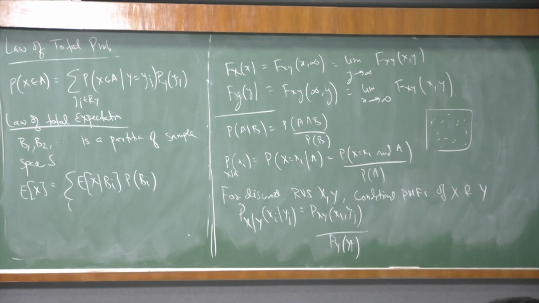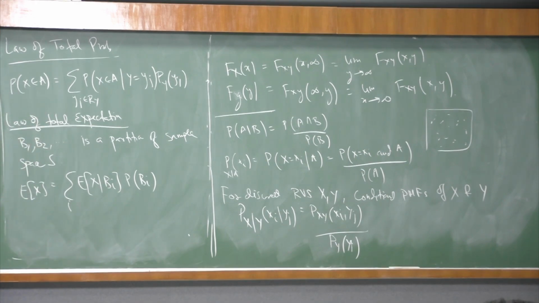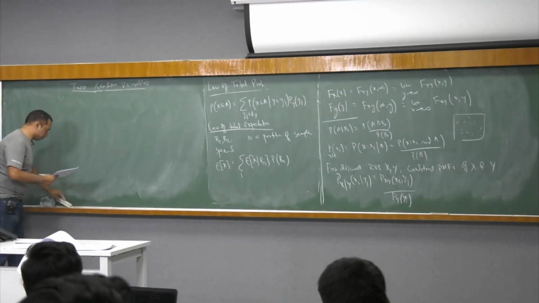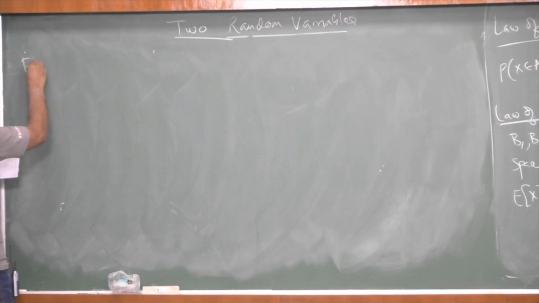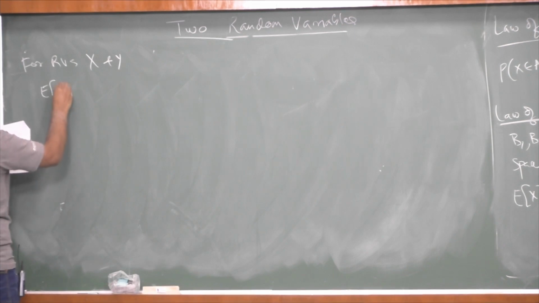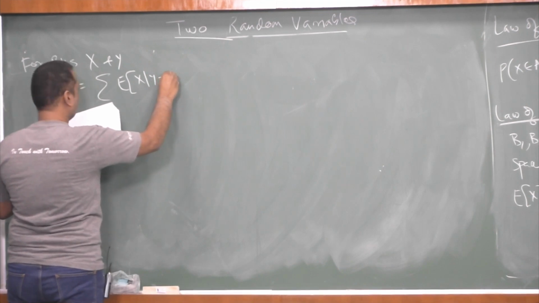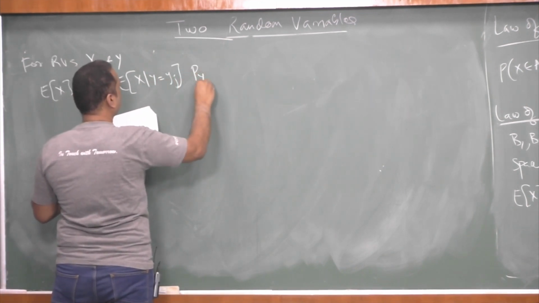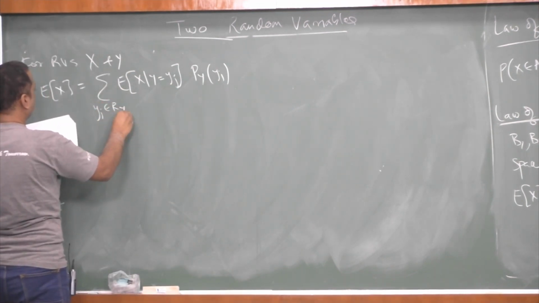I can extend this again, because in place of bi's I can have yj's as a partition. So I can just substitute b by y equals yj. For random variables x and y, we can write the law of total expectation as the sum of the expectation of x given y equals yj times the probability of y equals yj, for yj in Ry, the range of y.